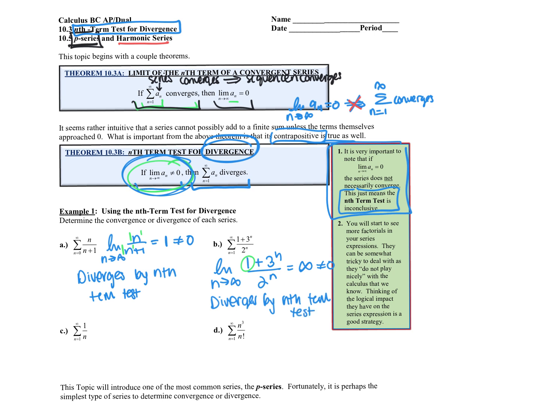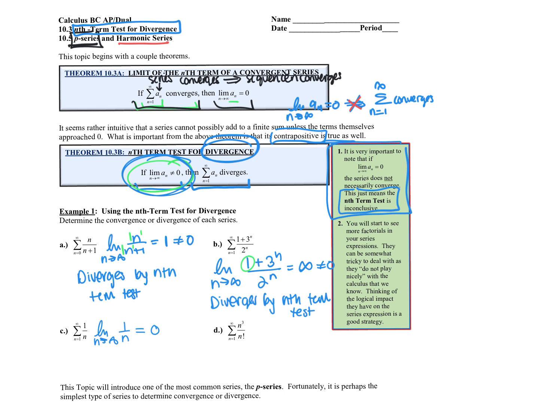Here, if we take the limit as n approaches infinity of 1 over n, the bottom is growing to infinity, the top is staying at 1, so it will go to 0. So should we say that it converges? No. If the limit is equal to 0, then it's just inconclusive. You can't say anything else.